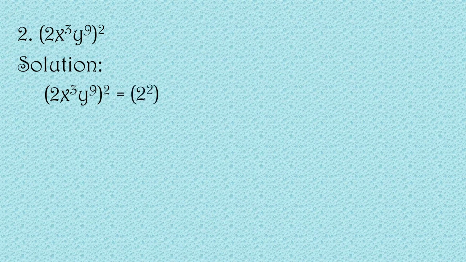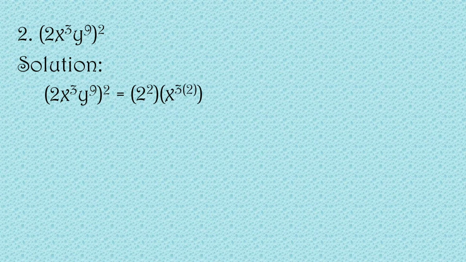So, number 2. Quantity 2x cubed y raised to 9 raised to 2. So, si 2, kokopyahin natin. Tapos, i-raise natin sa second power. So, i-distribute natin yung outer exponent sa bawat factors or sa bawat base natin.